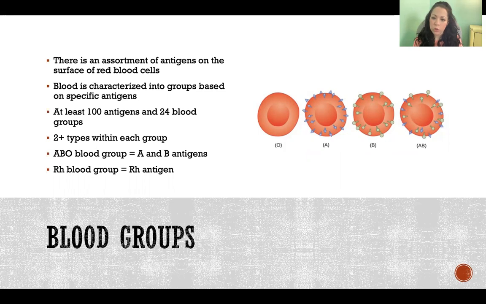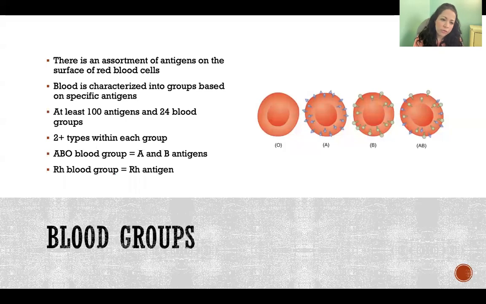And we group those antigens into what we call blood groups. And so those are ways of identifying which antigens are on the surface of those cells. And so we can determine different types so that we can work on compatibility, like for organ or tissue donations.